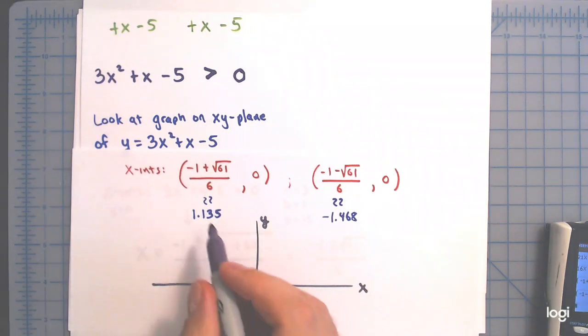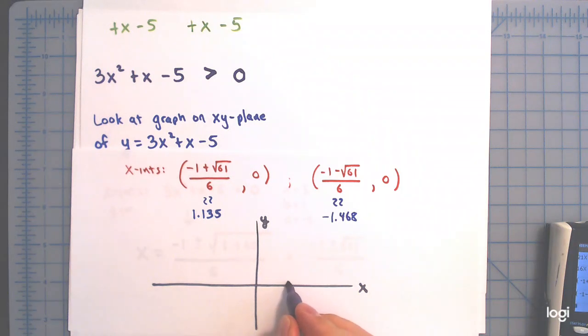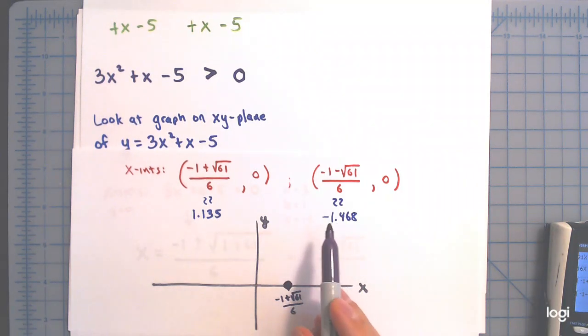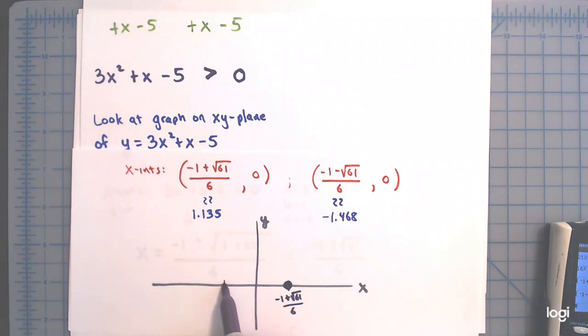So I know that one of them is a positive number, so say here is negative 1 plus the square root of 61 divided by 6. There's an x-intercept. And one of these is a negative number, say it's over here. Negative 1 minus the square root of 61 all over 6. This is about negative 1.468 and so on. Great.